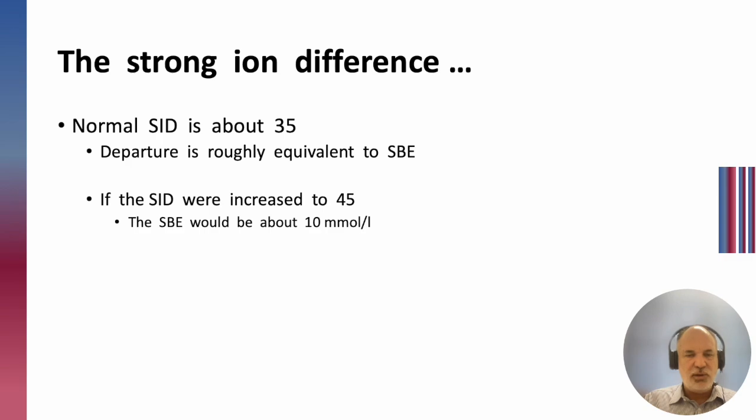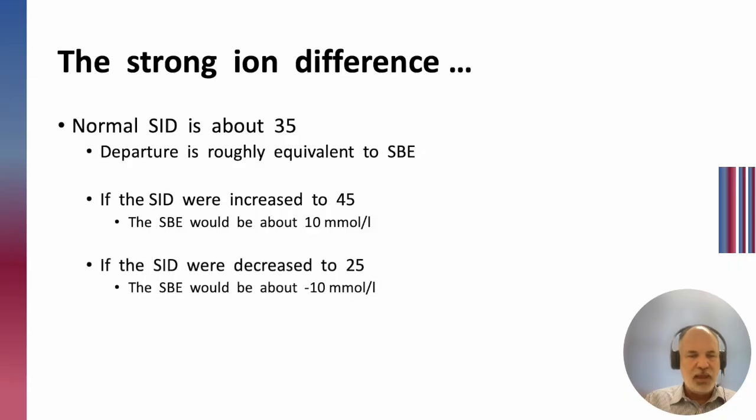So to give you examples of this, if we had an electrolyte abnormality where the strong ion difference were increased to 45 millimoles per liter, then the base excess or the standard base excess would be positive by about 10 millimoles per liter. Similarly, if the strong ion difference decreased to 25, then the base excess or the standard base excess would be about minus 10 millimoles per liter.